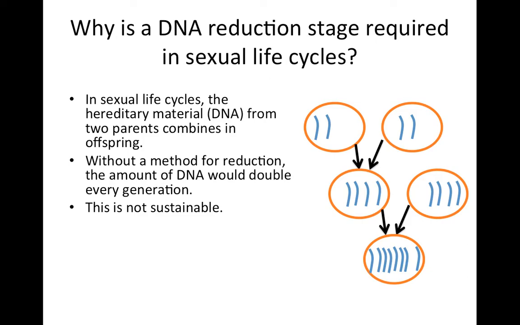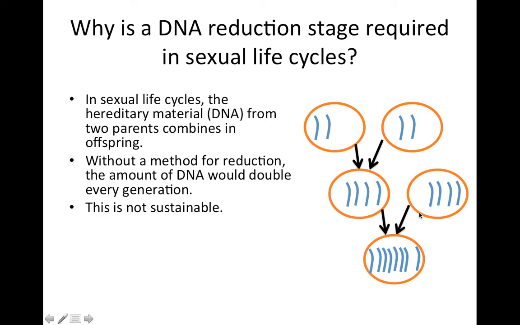If there was not a reduction stage before sexual reproduction, then when they both contributed DNA, their offspring would have 4 chromosomes rather than the 2 the parents had.